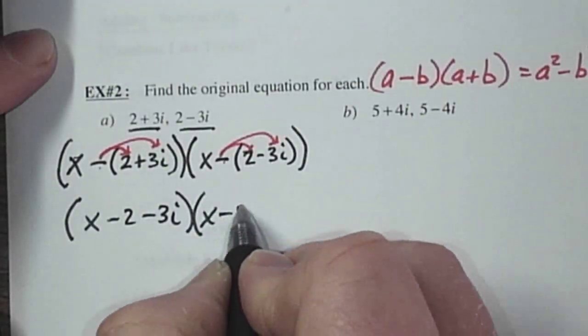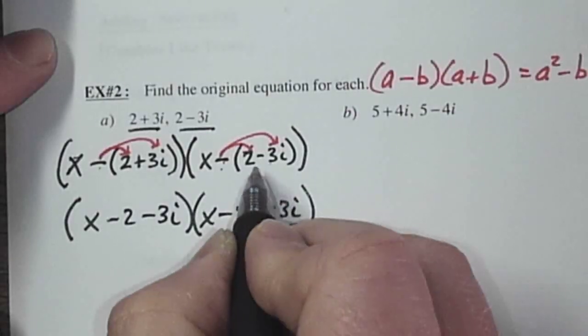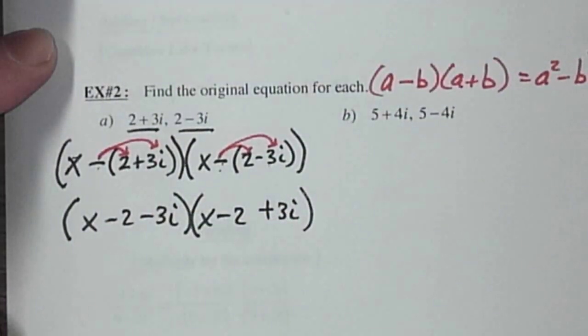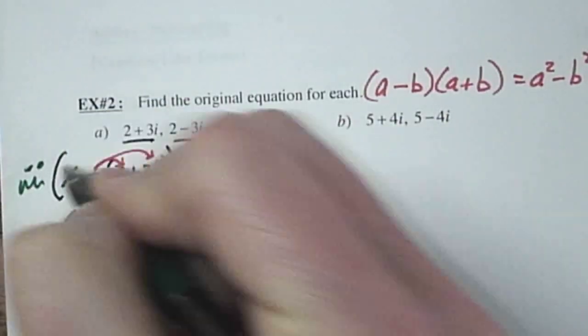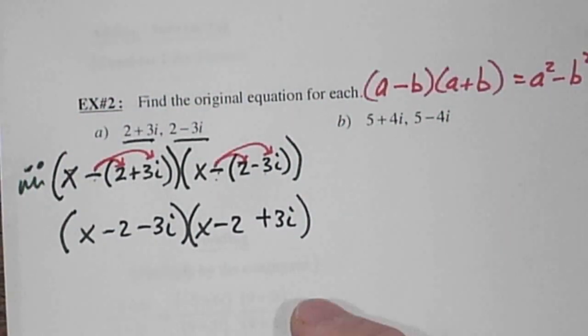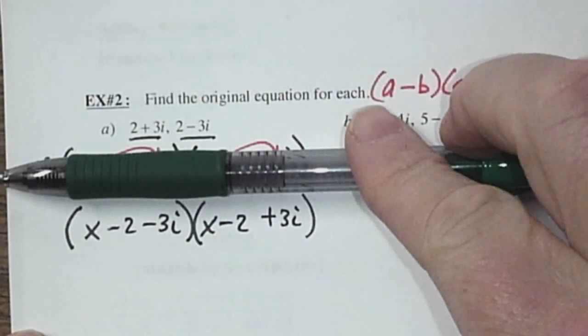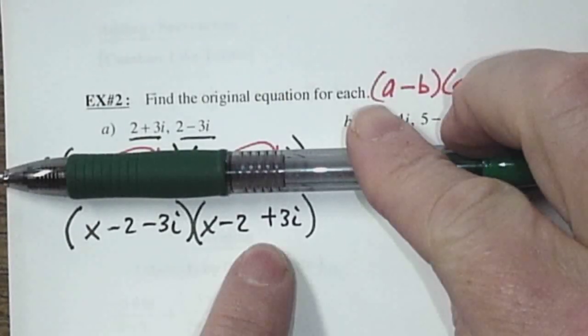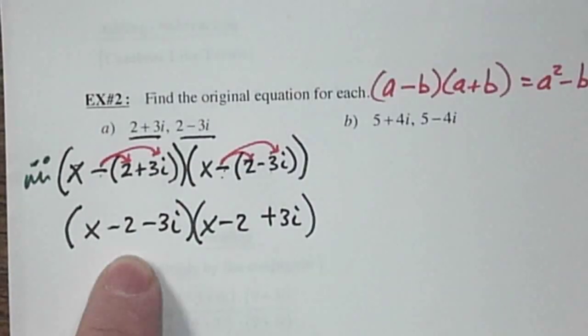And then negative times 2 is negative 2, and negative times minus 3 is positive 3. Oh my gosh, this looks just like that. So technically this is kind of a frustration because we don't really need to put those extra parentheses, but technically that's what's going on. So cover it up: x minus 2 plus 3i, and x minus 2 minus 3i.